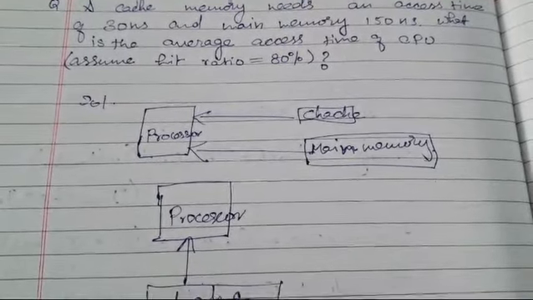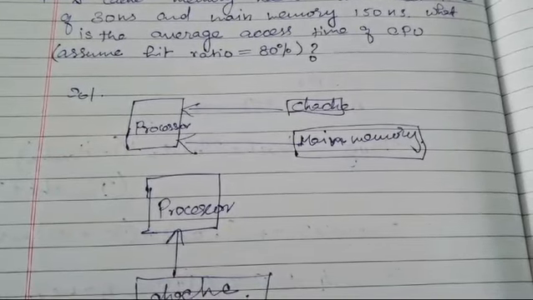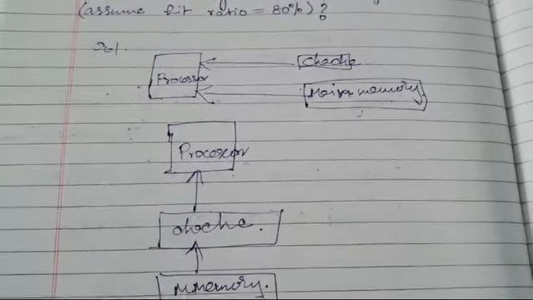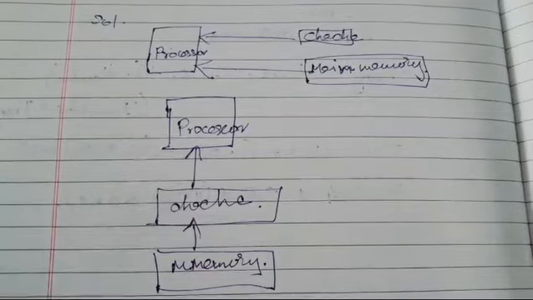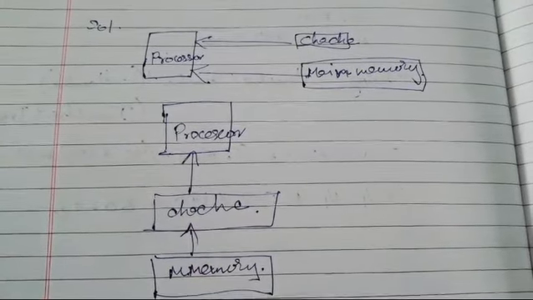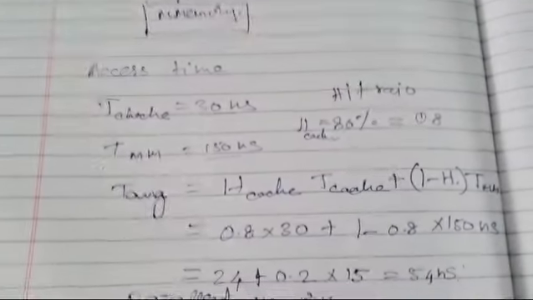We take the cache memory and main memory fetching into the processor. That is one type. The other type is where we connect memory and cache memory serially to the processor. We will calculate likewise.